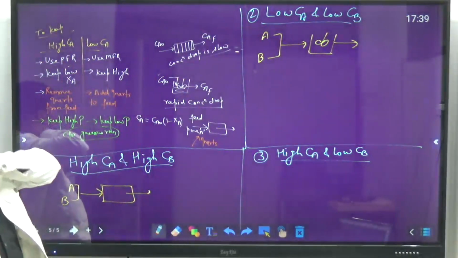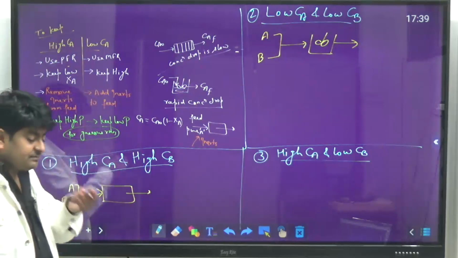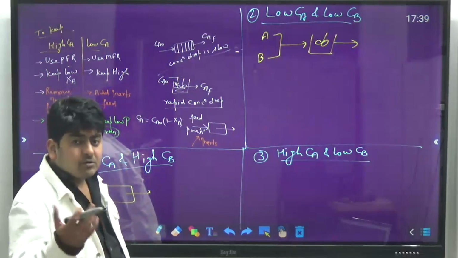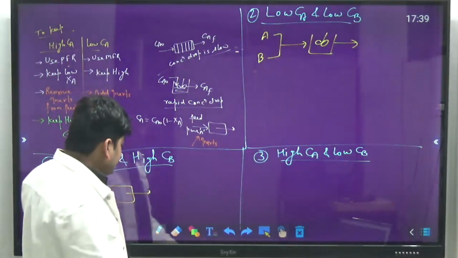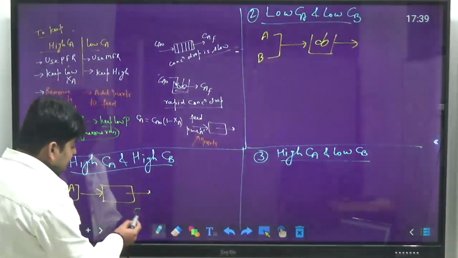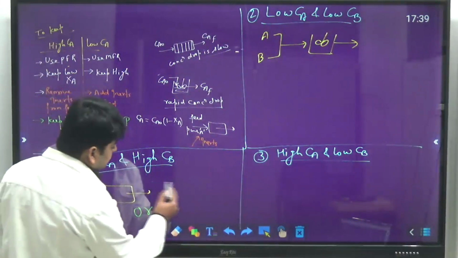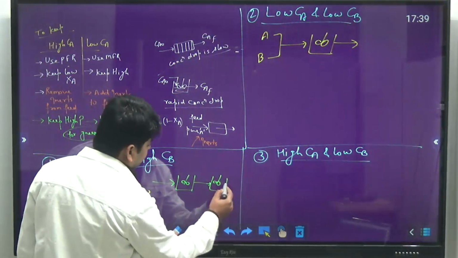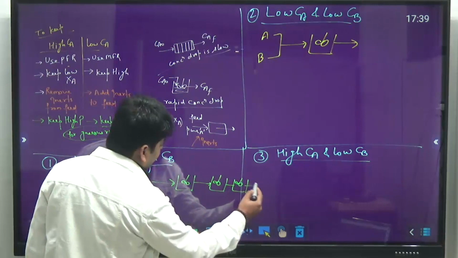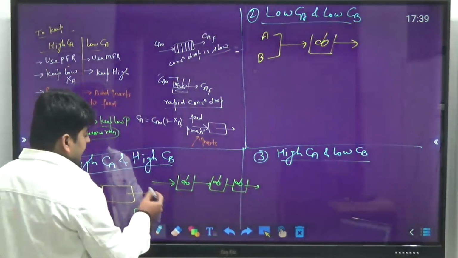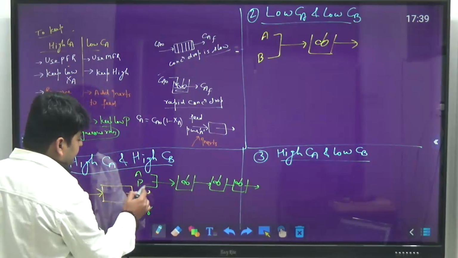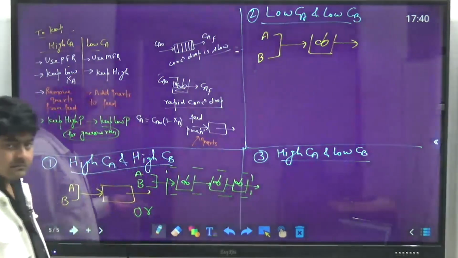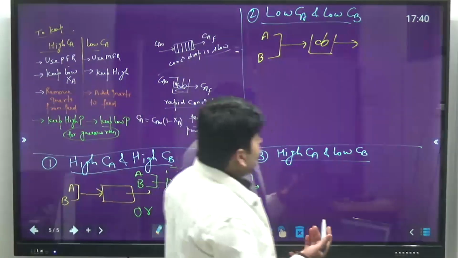But we know one more thing when we discuss the multiple reactor system, that an ideal PFR is nothing but a combination of infinite MFRs in series. So it means instead of one MFR, I can also use infinite MFRs in series. So just send the combination of A and B to that infinite MFR in series system. It will also work.